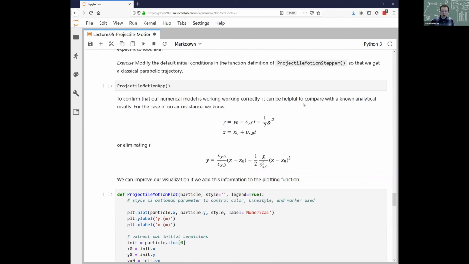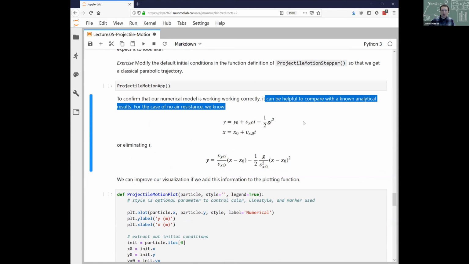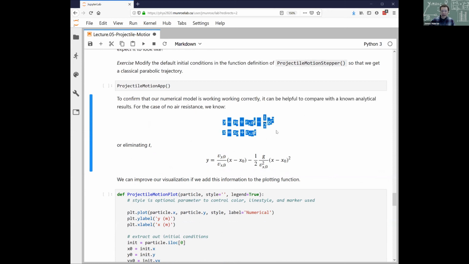We know from first-year physics, there is an analytical expression. In the case of no air resistance, you have the kinematic equations. You have the equations that tell us y and x as a function of t. If I solve the system of equations by eliminating t, I take this t, I solve for it, and I substitute it into this equation, then I can get the following equation. It's a parabola. This is the equation of a parabola in its full set of details.